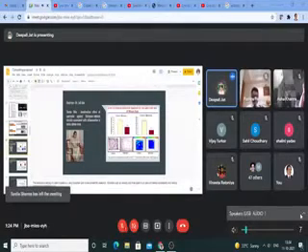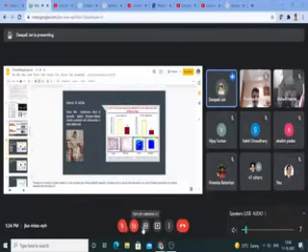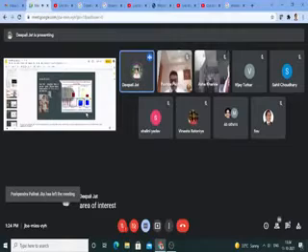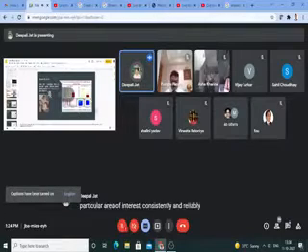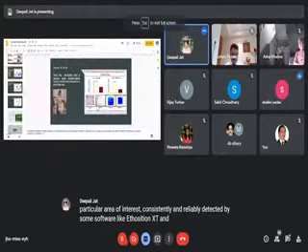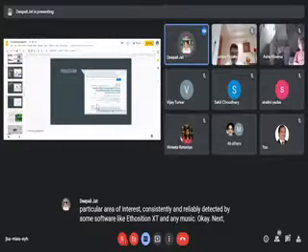Then she found some changes between both groups. So behavioral testing of rodent models is a very important part of neuroscientific research, and variables such as velocity and time spent in a particular area of interest are consistently and reliably detected by software like EthoVision XT and Animaze, etc. She also got a publication from this.